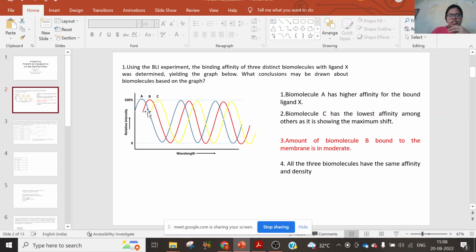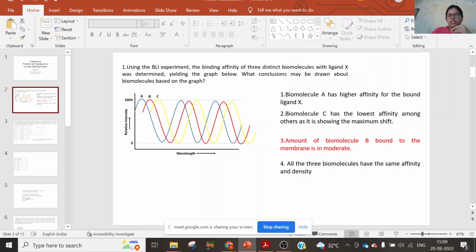It is clearly visible here that A has a lesser shift compared to B and then compared to C. The molecule C is showing the highest shift compared to A and B, and the shift in this experiment is directly proportional to the affinity as well as to the density and the molecular weight of the protein. So the more the protein, the more the affinity, the more will be the shift. According to that, C has the highest affinity, as we can see from the diagram.